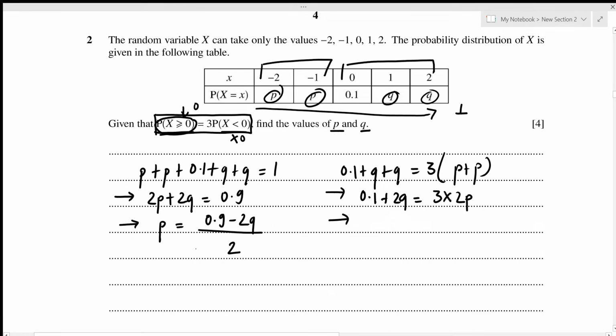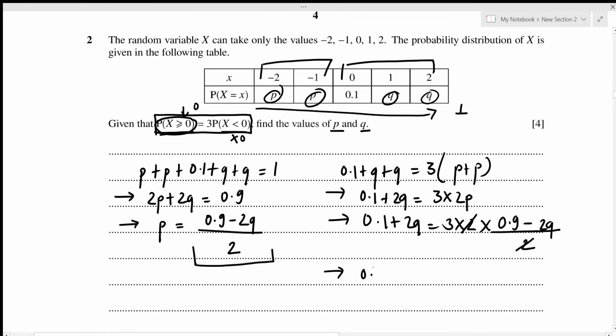Now let's substitute the value of (0.9 minus 2q) divided by 2 for p in this second equation. So that's just going to be 0.1 plus 2q equals 3 into 2 into (0.9 minus 2q) divided by 2. And this 2 cancels out.